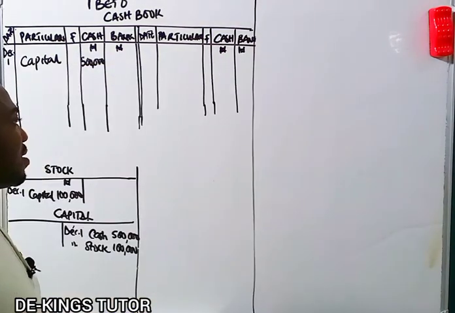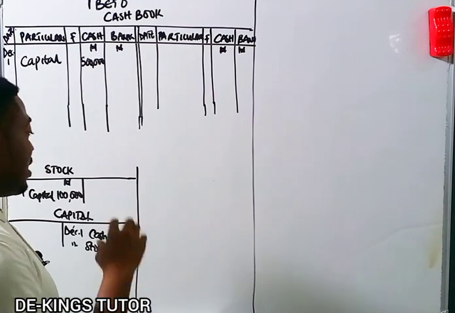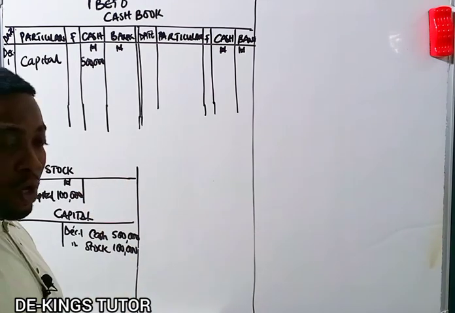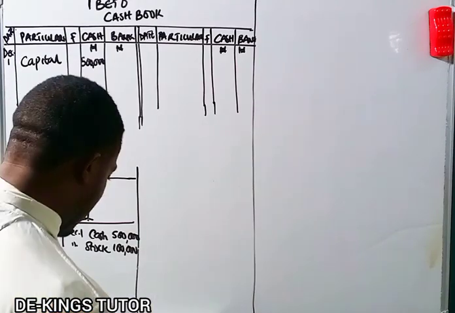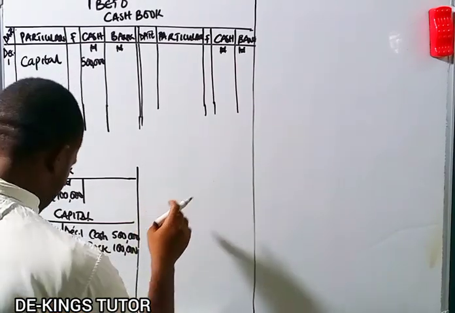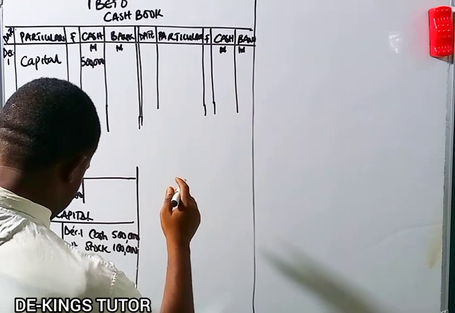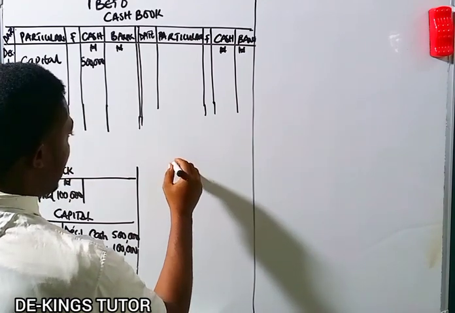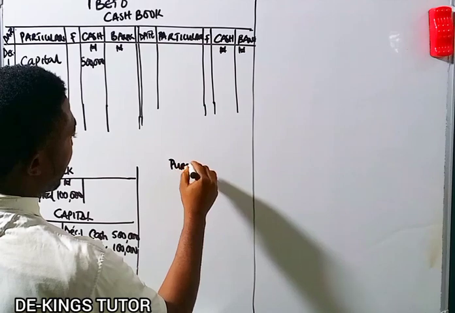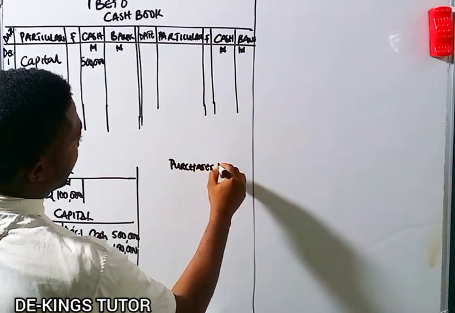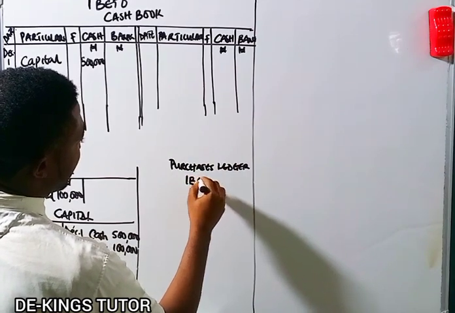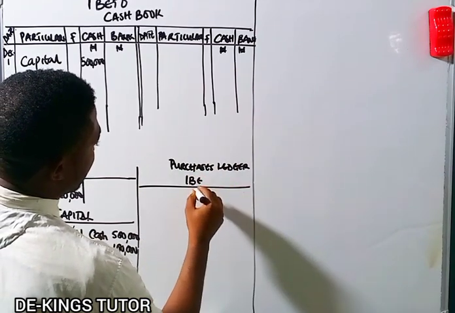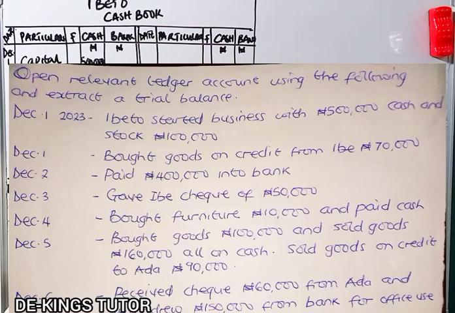Now since it's bought on credit, it will not come to the cash book. So we're gonna open a purchases ledger account. Bought goods from eBay. So we'll have eBay.